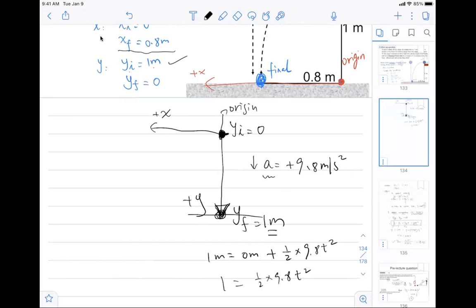I don't have to. I can still choose my x to be to the left, but you could change your x to the right. Whichever you want is fine. I don't have to flip my x and y at the same time. Thank you. Sure.